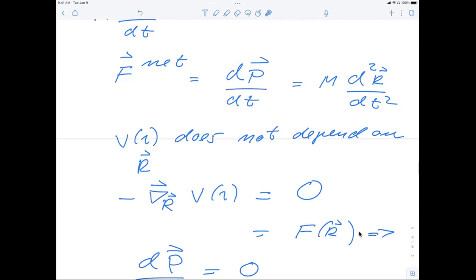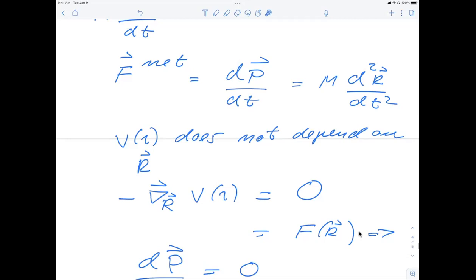This can be trivially solved because its second derivative with respect to time is equal to 0.